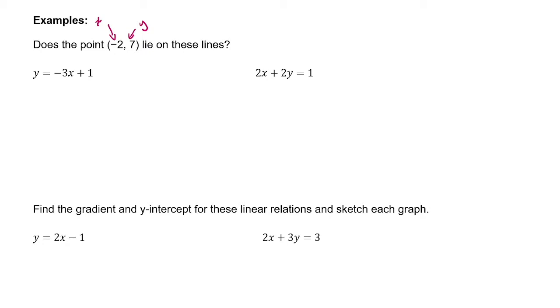So let's do it. We've got y equals -3x plus 1. So we want 7 to equal -3 times -2 plus 1.